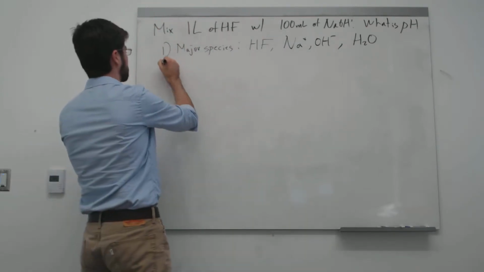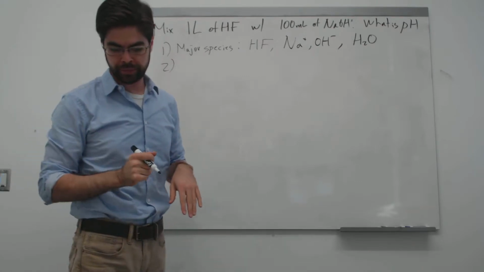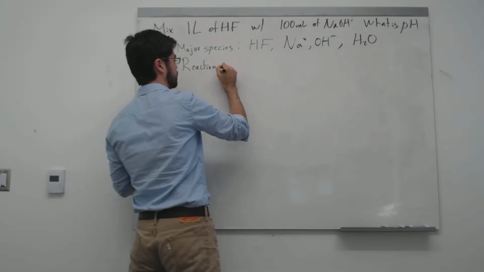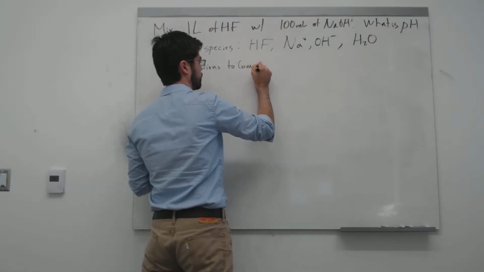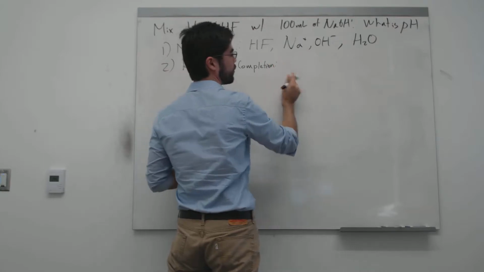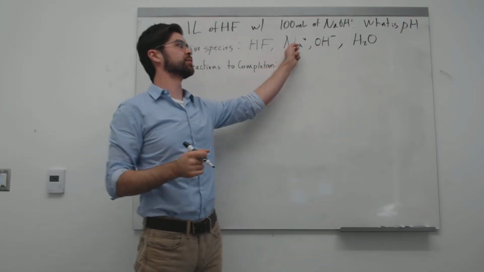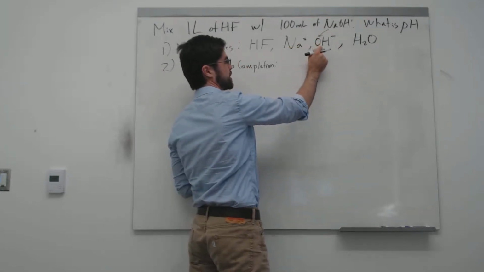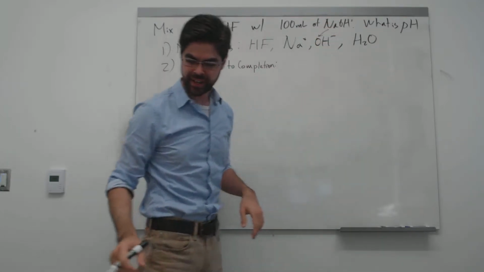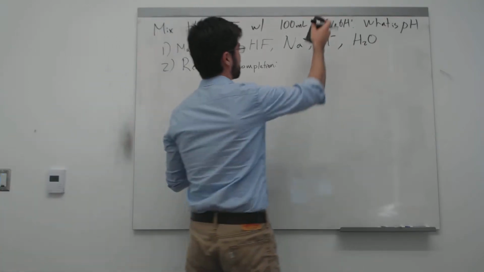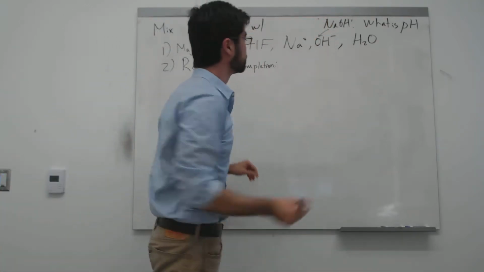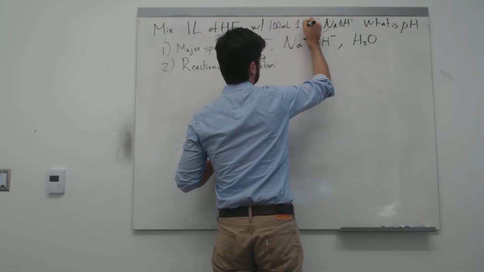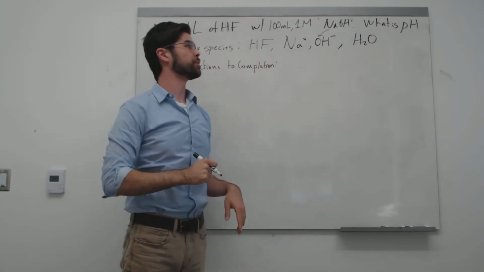So the next step is saying, okay, what reactions go to completion? Well, I've already mentioned one of them, that sodium hydroxide converts into sodium plus and hydroxide. Oh, I keep making this mistake. That should be 1 molar sodium hydroxide. 100 mils of 1 molar sodium hydroxide.